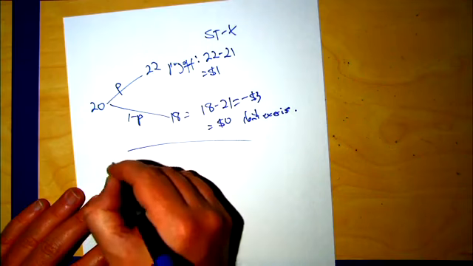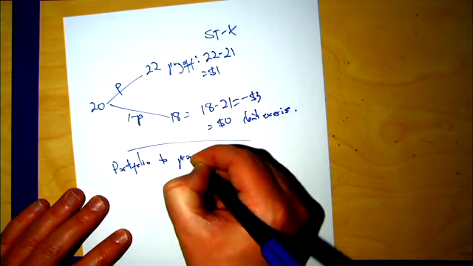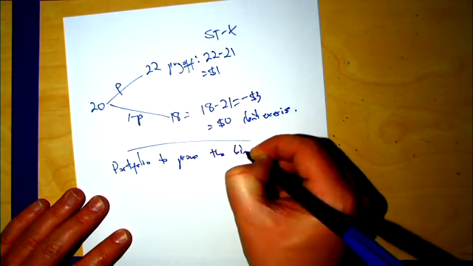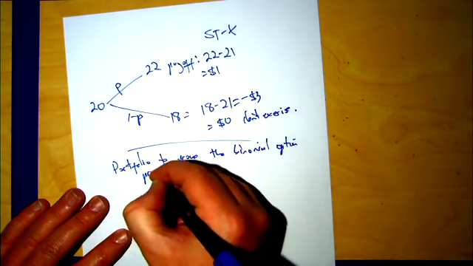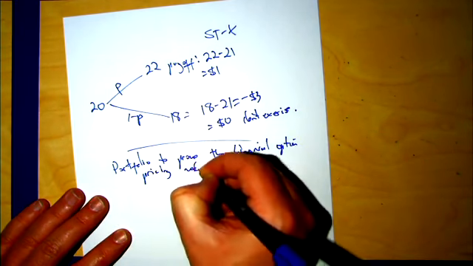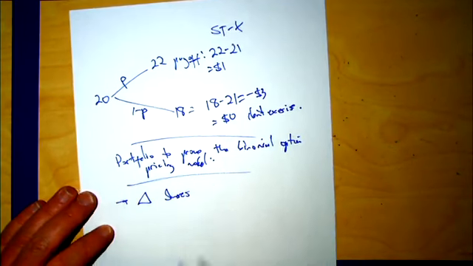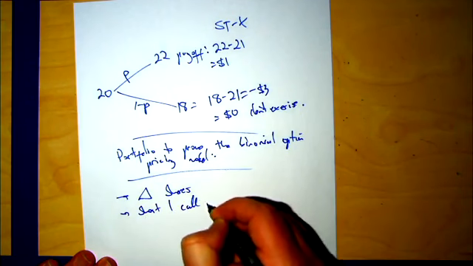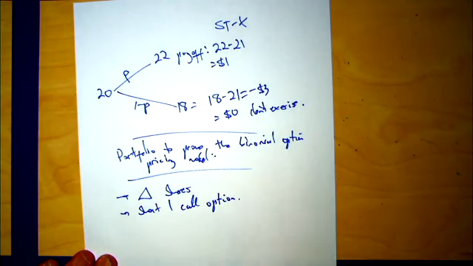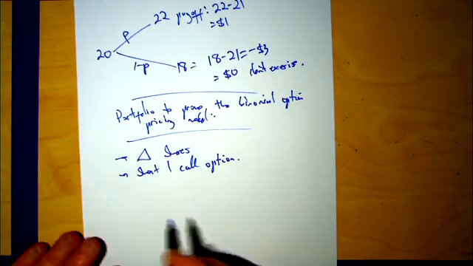Okay, so my portfolio, to prove the binomial option pricing model, is I have to own delta shares and I have to short one call option. So the first thing we need to solve for is delta. How many shares do I have to own? Do I have to buy?